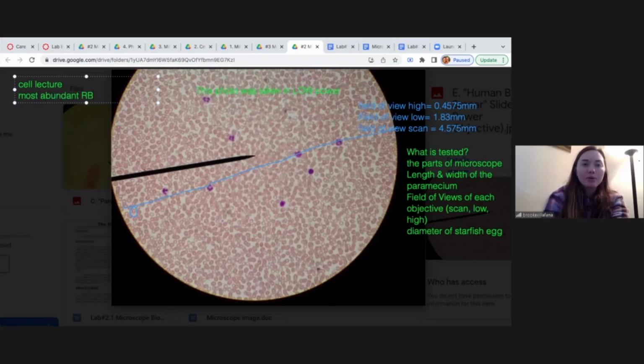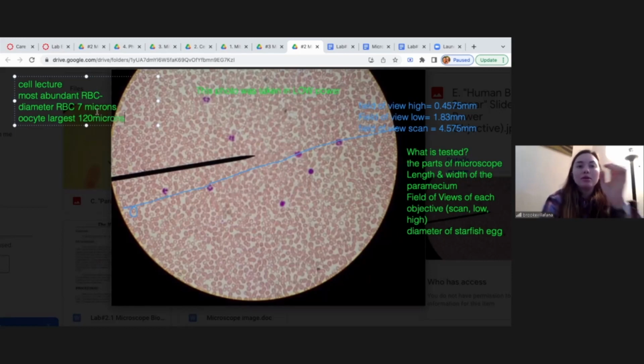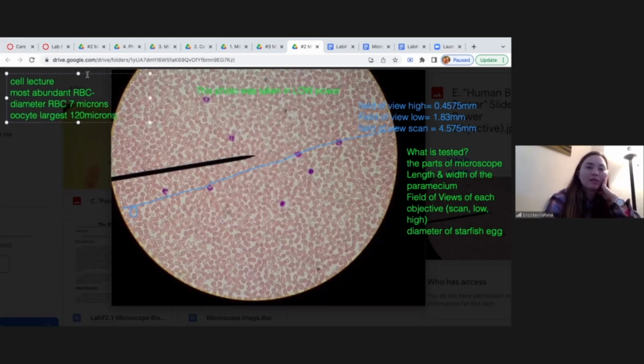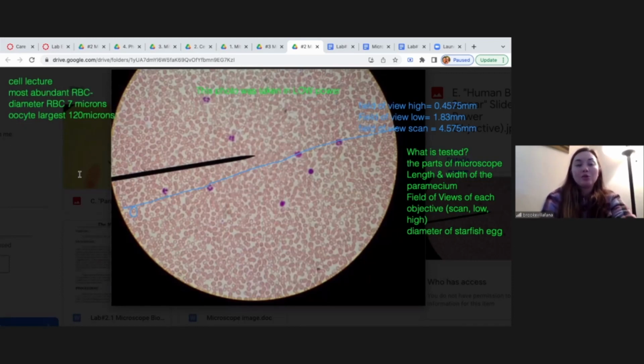Do you remember hearing about this in your cytology lecture? He said the diameter of the red blood cell was 7 microns, right? Then he talked about the oocyte being the largest, I believe at 120 microns. That could appear on your test, so take note of that. But we're going to do the math really quick anyway, because you need to show your work. You can't just write that as the answer.